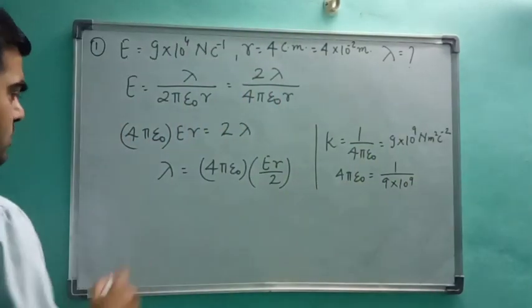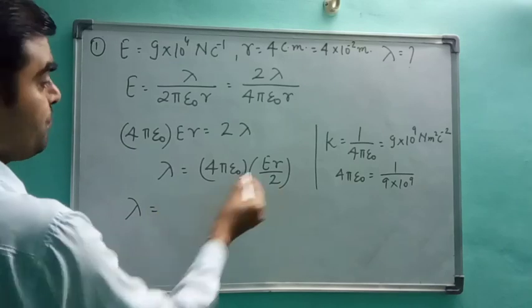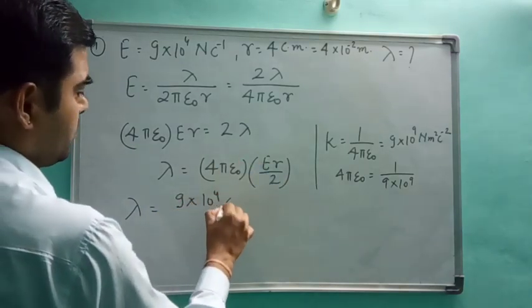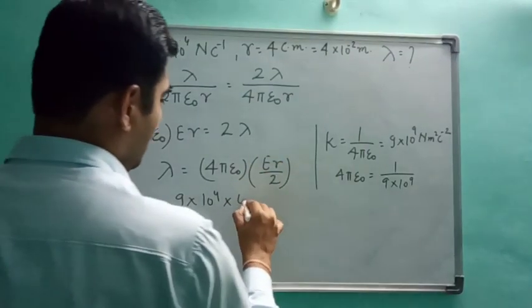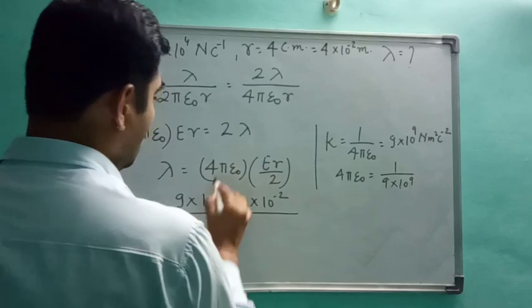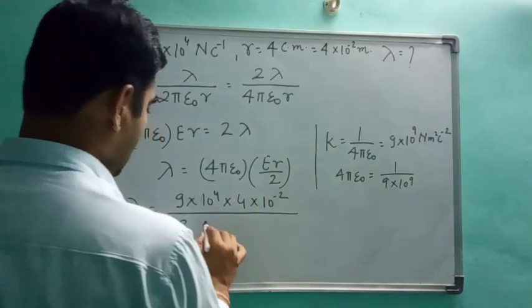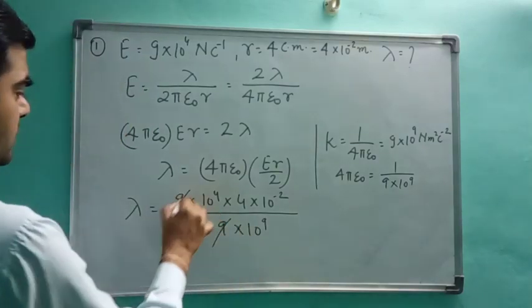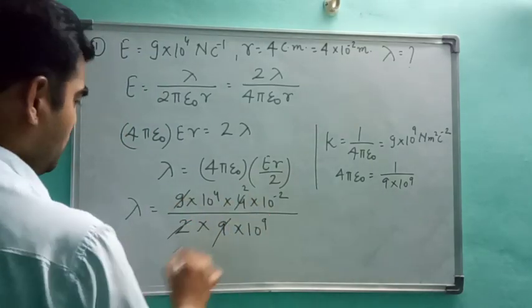Okay, my dear friends, so lambda is equal to 9 into 10 to the power 9 into 10 to the power 4. Put the E value 4 into 10 to the power minus 2 upon 2. The 4 pi E naught value is 9 into 10 to the power 9. So 9 cancels out, and by the table of 2, 4 cancels out, leaving 2.